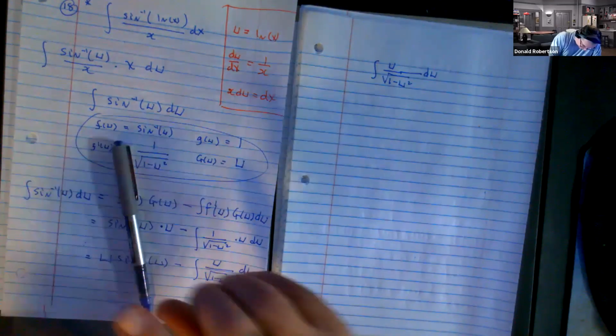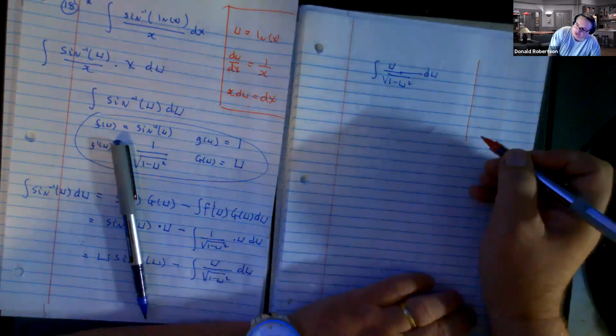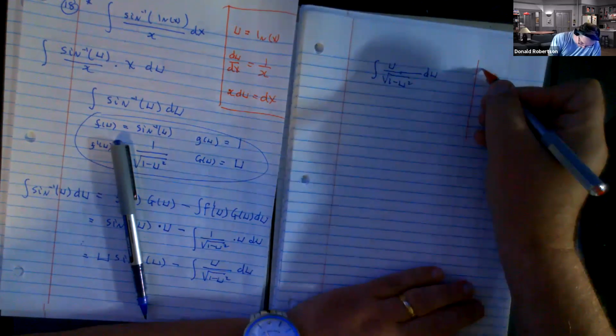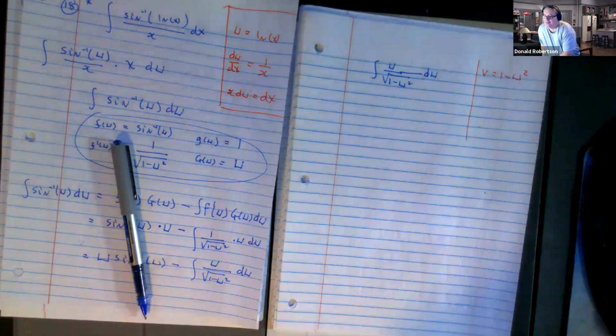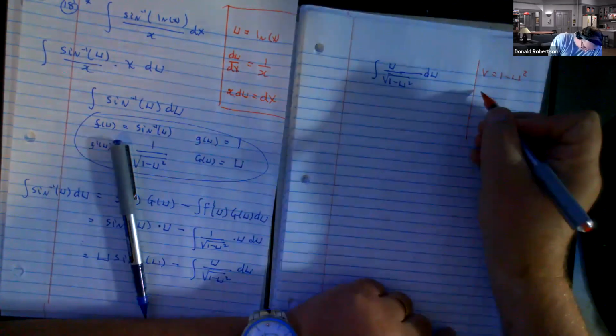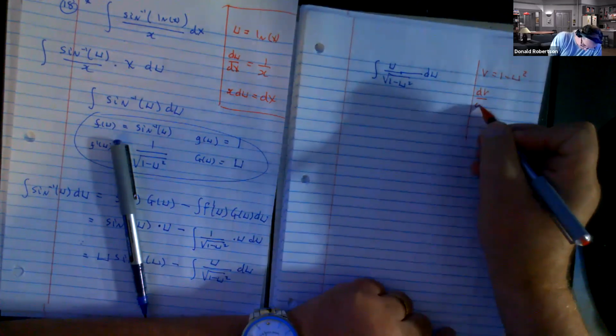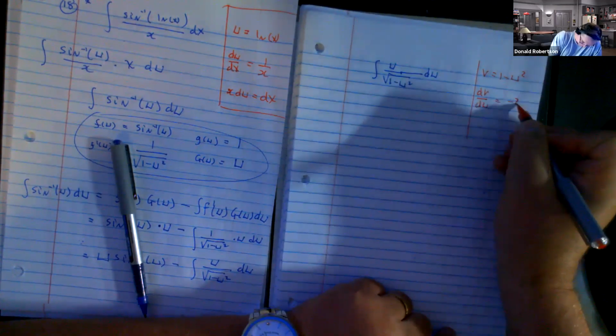Unfortunately, since our variable is already called u, can I call it a v sub? Or any other letter in the alphabet you like. If I differentiate this with respect to u, you get 2u.